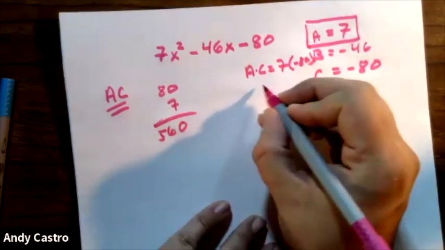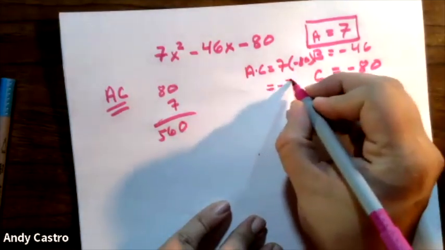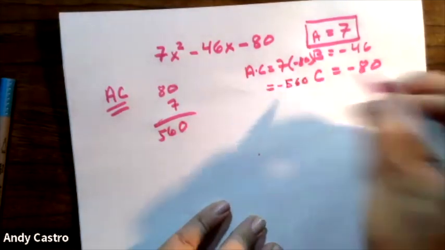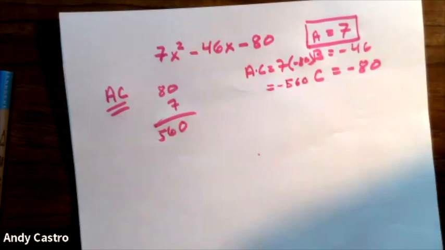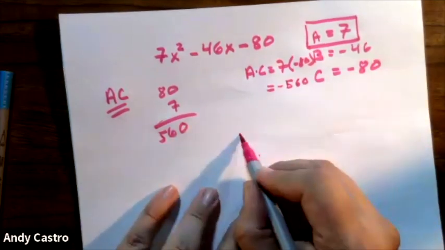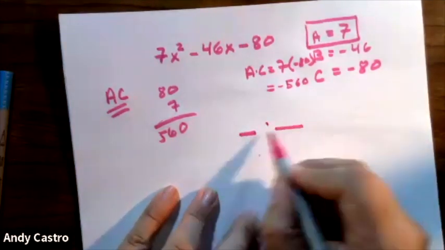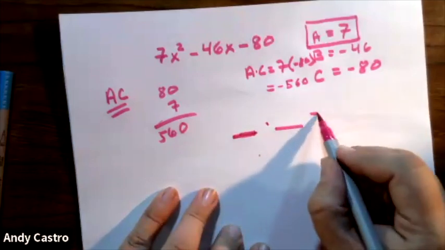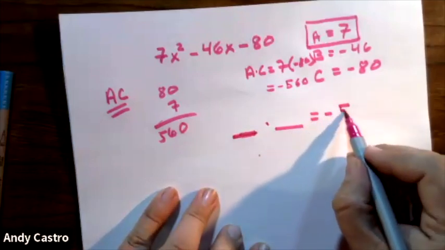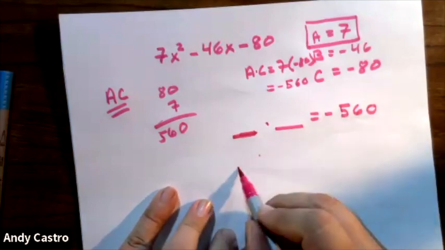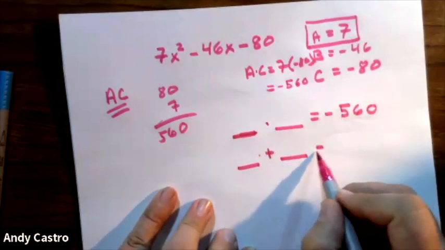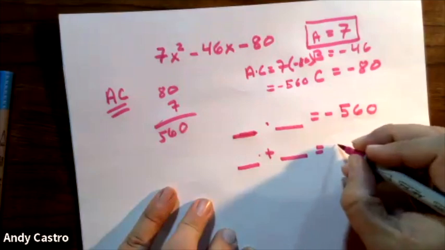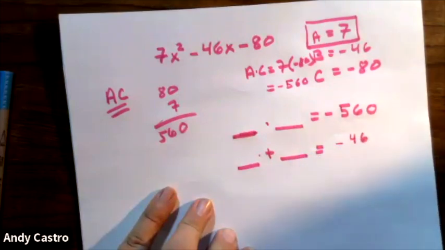AC is negative 560. So I want two numbers that multiply together to give me negative 560, but when they are added, they give me the middle term of negative 46.